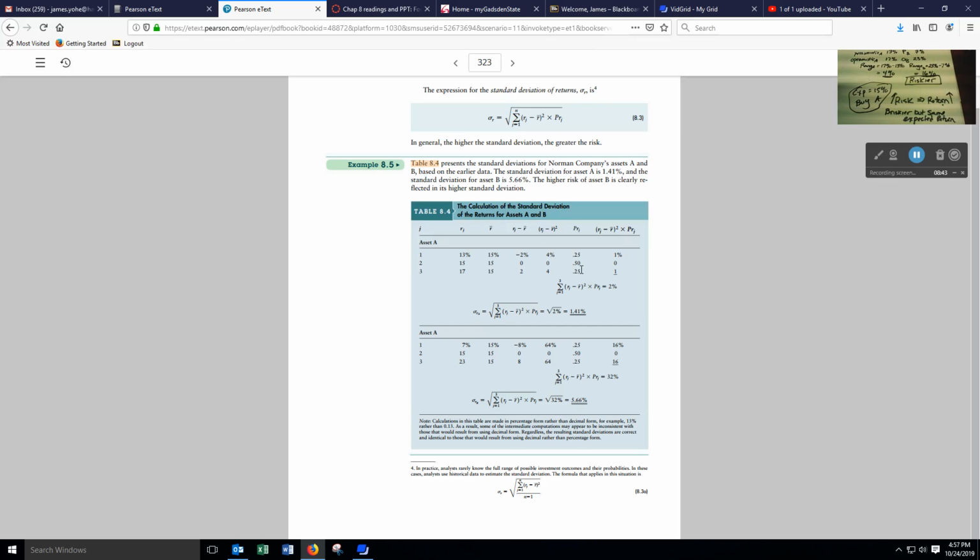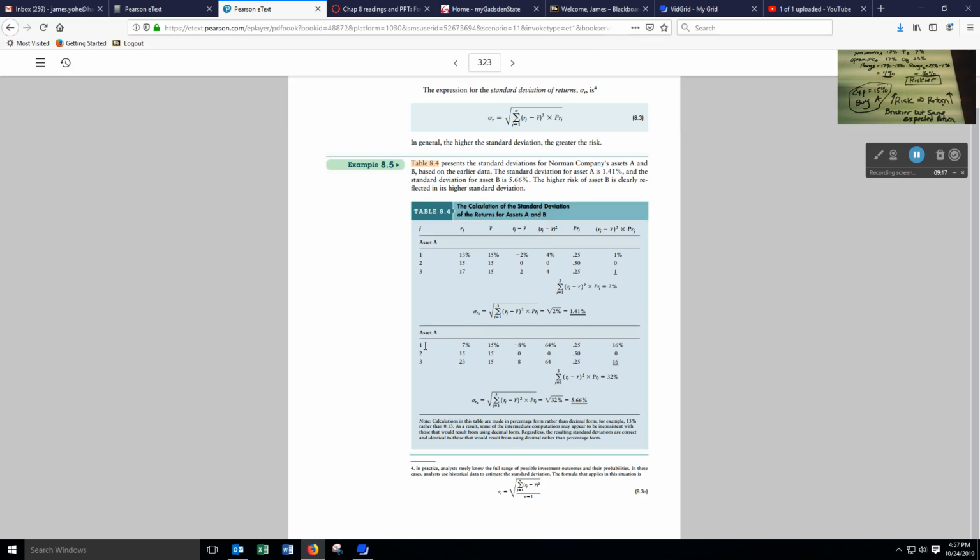And 4 times a 0.25, or 25% probability, is 1. Then we add those two together. That's our variance. And we're going to take the square root of the variance, and that becomes the standard deviation. So the standard deviation of returns for asset A is 1.41.